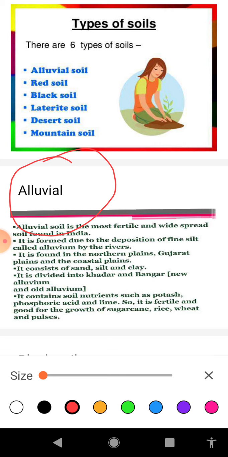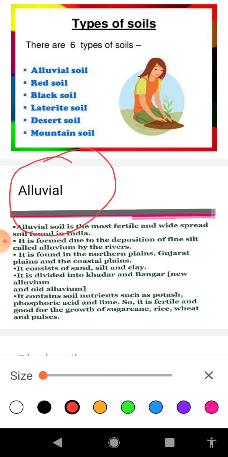So first let us discuss some of the characteristics of alluvial soil. Regarding the formation, this variety of soil has been formed by deposition of silt or sediments brought down by the rivers from the Himalayan regions. With regard to the location, in India we are getting this soil in the river valleys of Ganga and Brahmaputra, deltas of Godavari, Krishna, then coastal strips of peninsular India also.